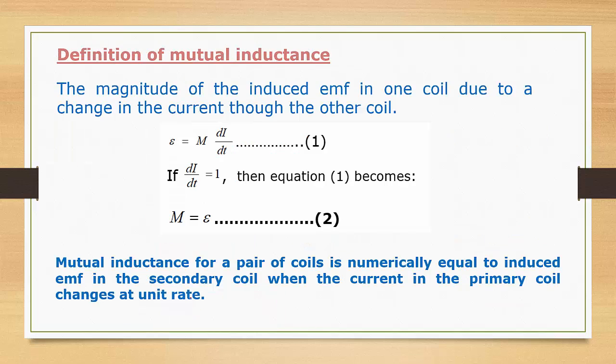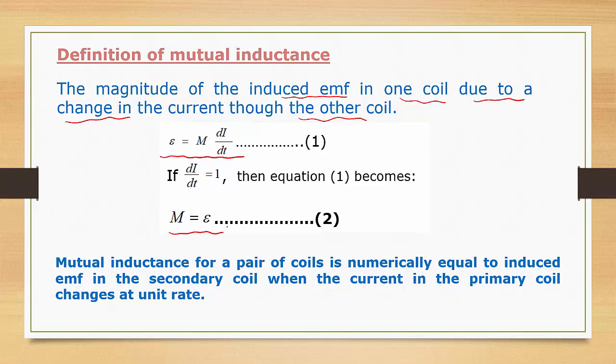What is mutual inductance? Observe the definition here: the magnitude of induced EMF in one coil due to change in the current through the other coil. When current changes in the other coil, induced EMF takes place in the first coil. This is called mutual inductance, and the equation is E equals M dI by dt, or M equals E divided by dI by dt. If dI by dt equals 1 ampere per second, then M equals E.